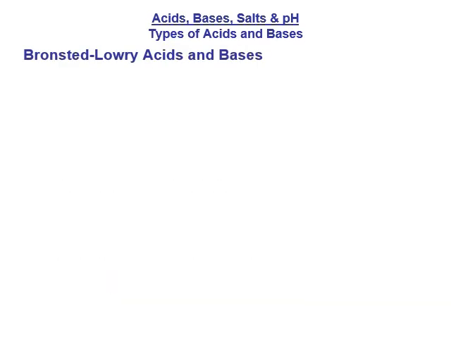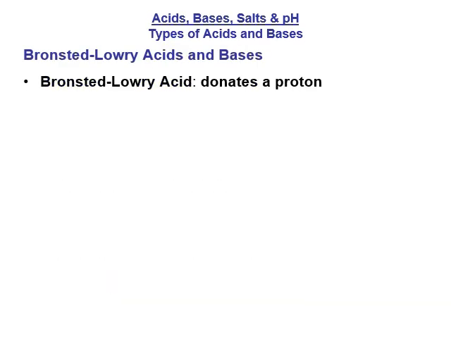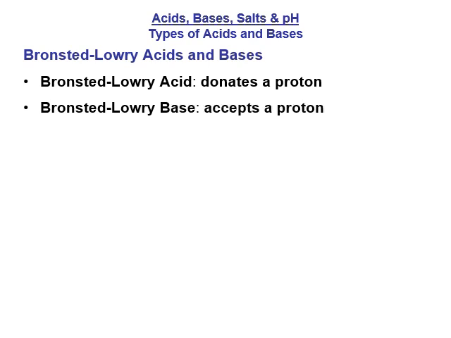So a Bronsted-Lowry acid is anything that donates a proton, and a Bronsted-Lowry base is anything that accepts a proton. So in this equation, if I put hydrochloric acid in water, I'm going to end up with hydronium and a chlorine anion. So what donated the proton? Well, the hydrochloric acid did, because it came off.